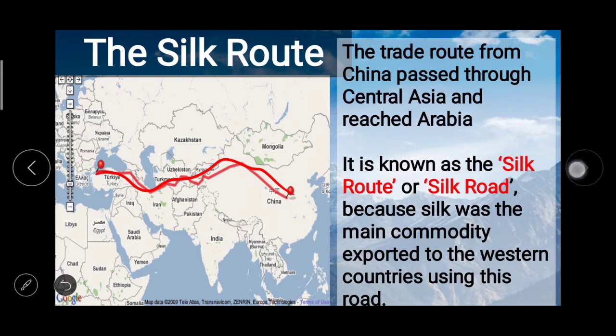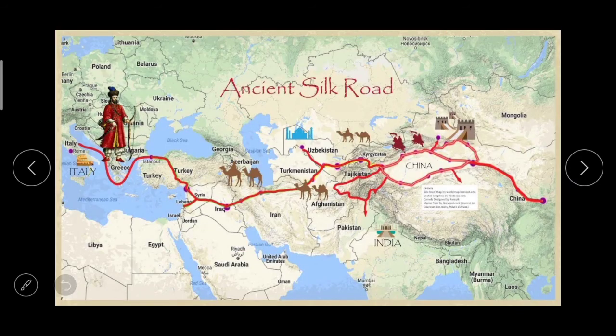The route through the passes was used by many foreign invaders to enter ancient India. Many foreign travelers also came to India by this route.